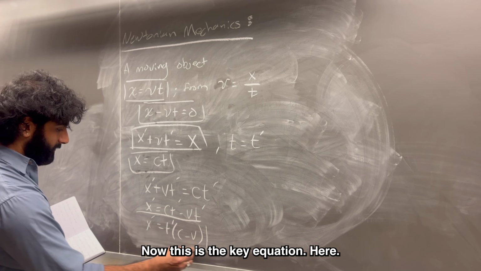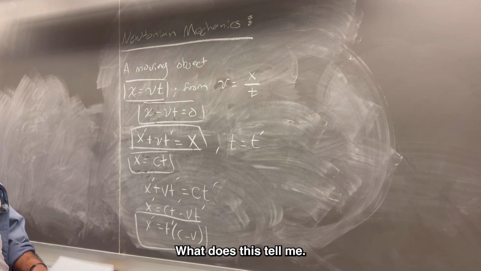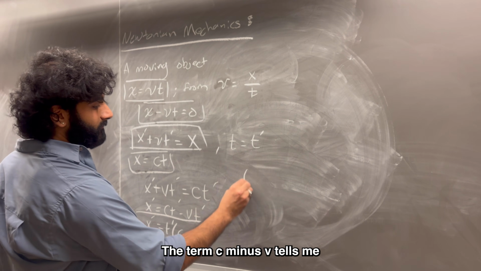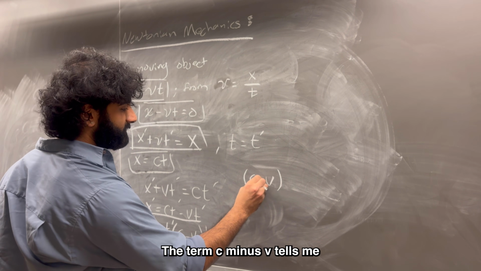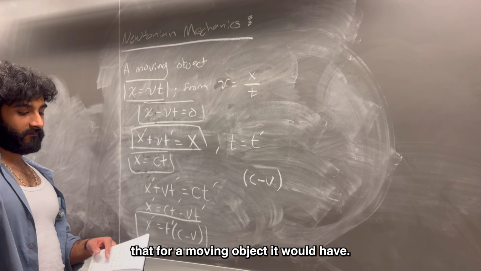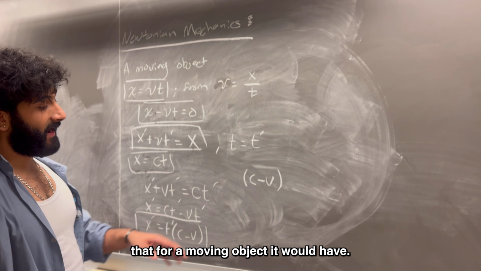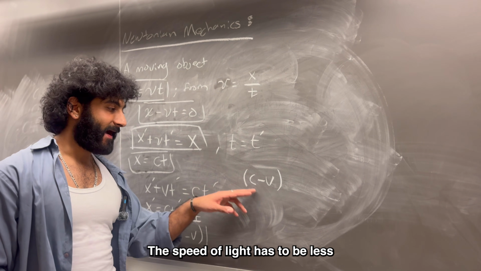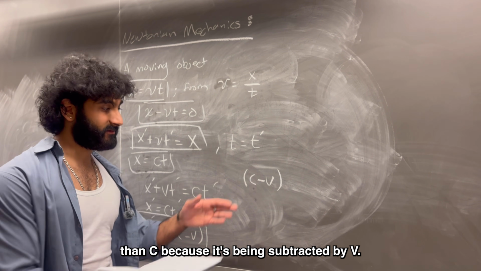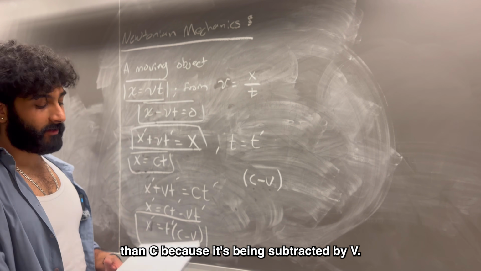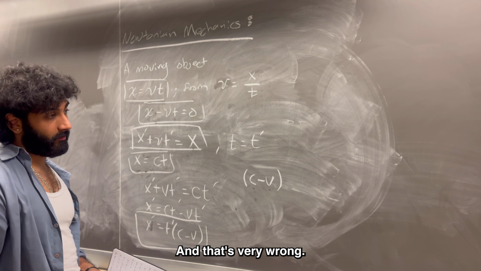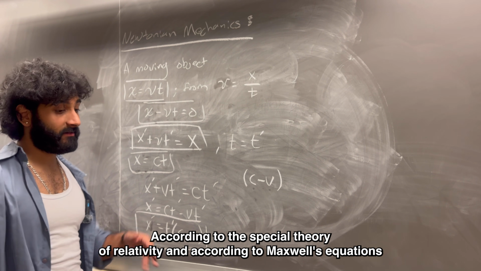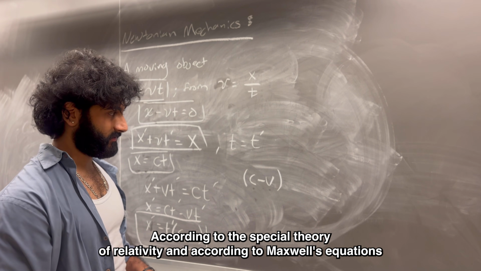Now this is the key equation here. What does this tell me? The term c minus v tells me that for a moving object, the speed of light has to be less than c, because it's being subtracted by v. And that's very wrong according to the special theory of relativity and according to Maxwell's equations.